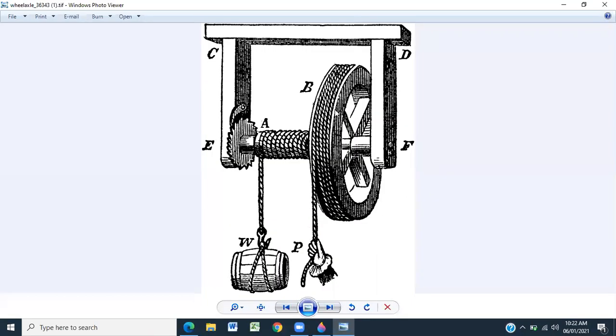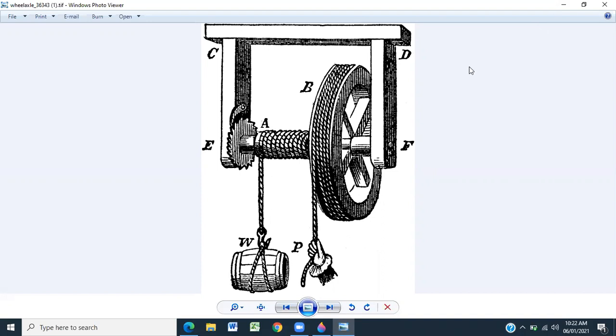So you see the wheel here is bigger and the axle is here. And since this is a longer distance, we can use a smaller force spread out over a longer distance, concentrate it into this smaller distance to give us more force, right? Use the velocity ratio here to capitalize on that effect. All right? This is a wheel and axle.